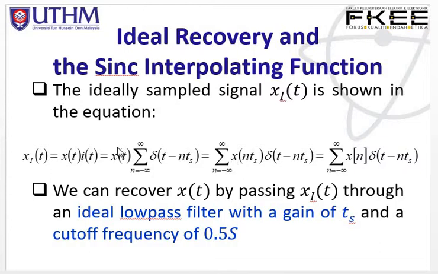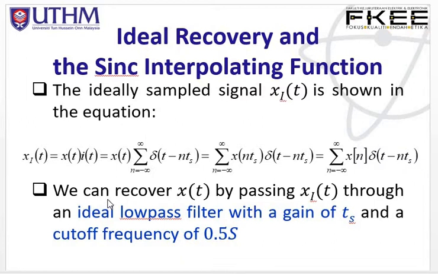If you want to change x(t) to x(n), we multiply by x(nTs). So x(t) changes to x(nTs), also multiplied with the impulse train, which is also equal to x(n). So x(nTs) equals x(n).